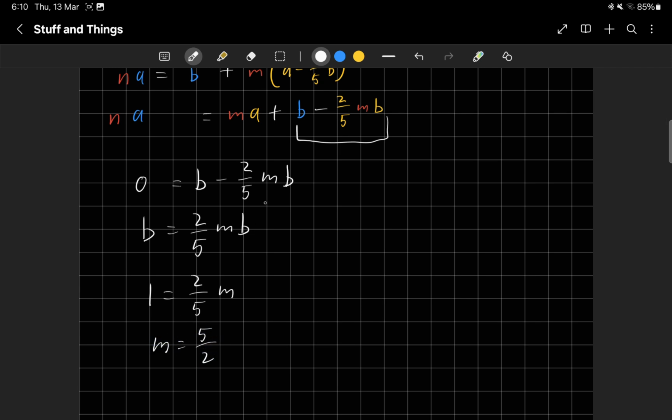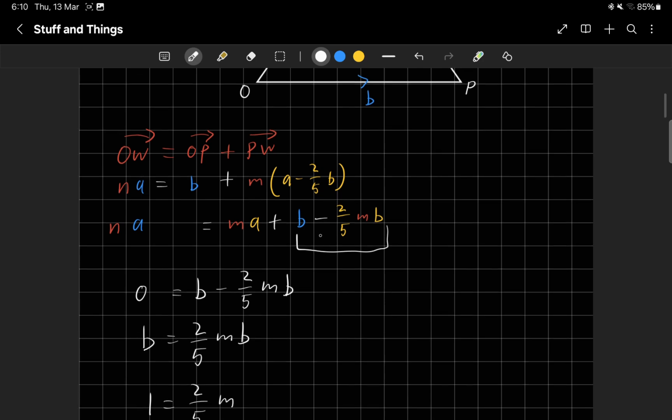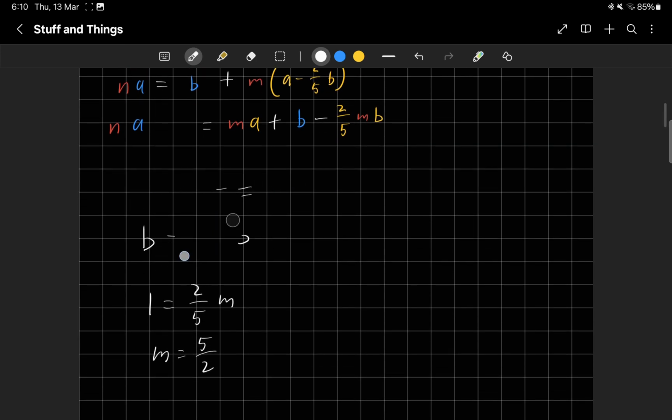Okay, so let's put it back into our original equation. We know that M is equal to 5 over 2, and we know that this whole B section will just equal 0. So I can just erase everything.